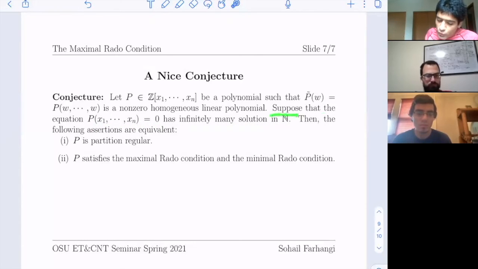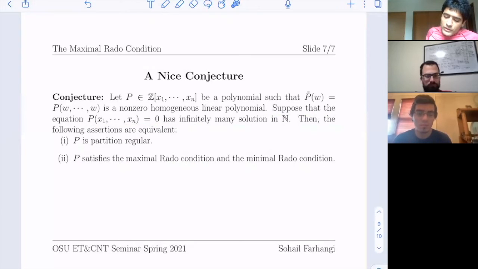We also assume that the equation P of x1 to xn equals 0 has infinitely many solutions in the natural numbers. Then it is conjectured that the polynomial is partition regular if and only if it satisfies the maximal Rado condition and the minimal Rado condition.